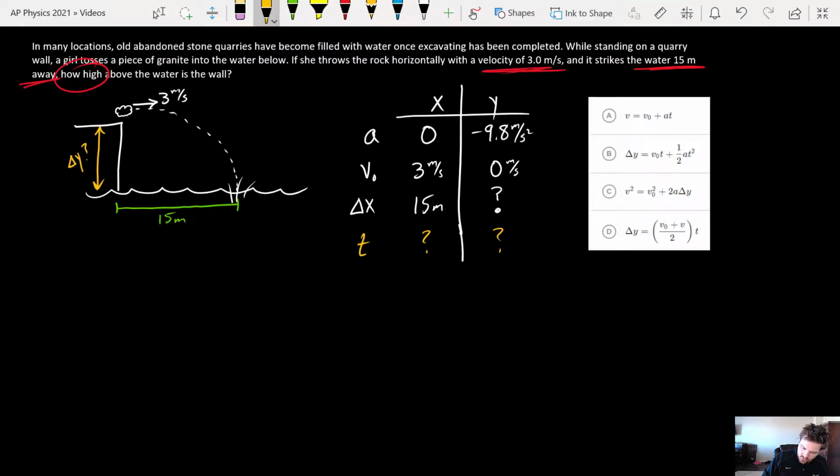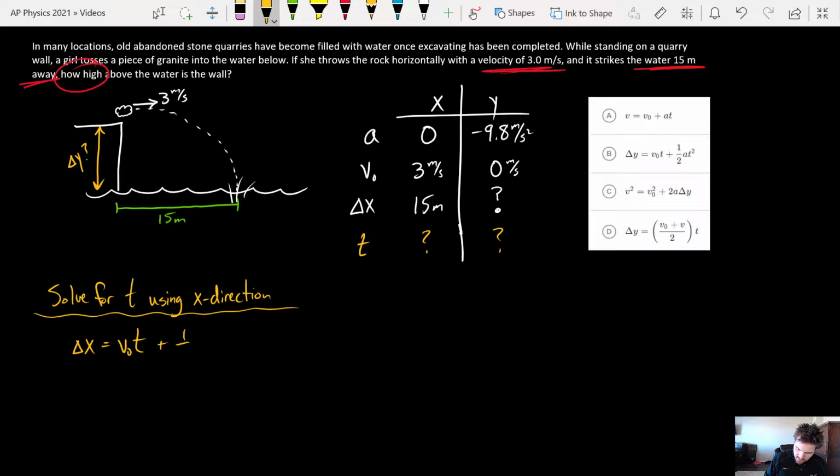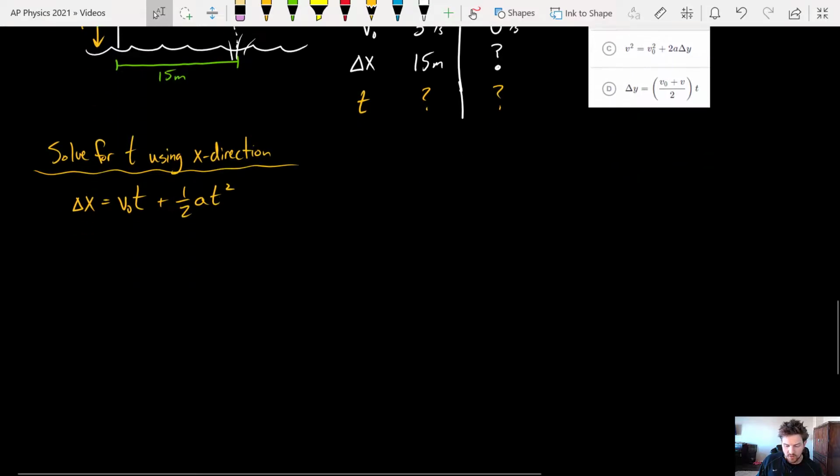So let's do delta x equals initial velocity times time plus 1/2 at squared. What do we know about velocity? In the x direction, it's always constant.